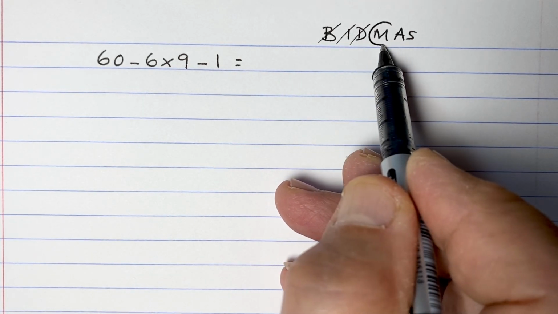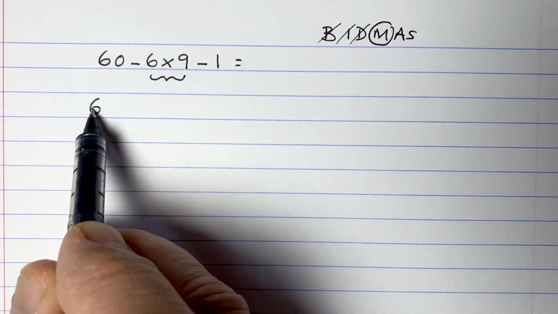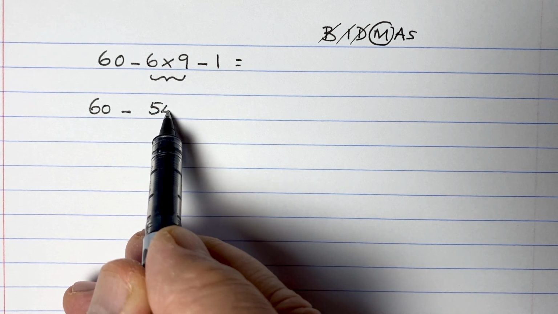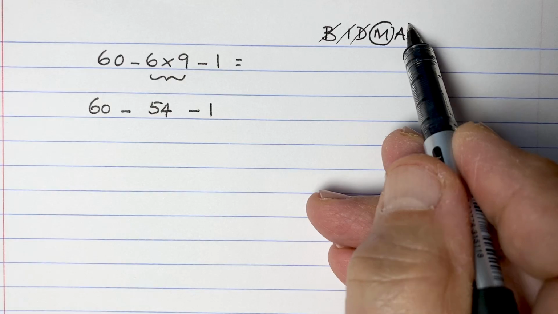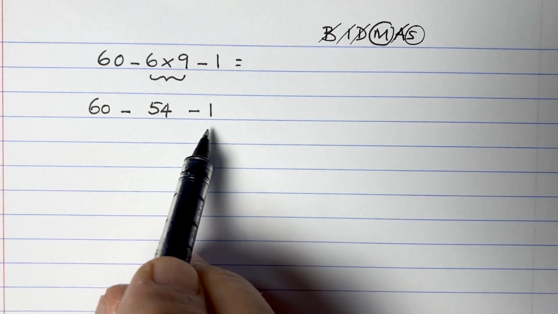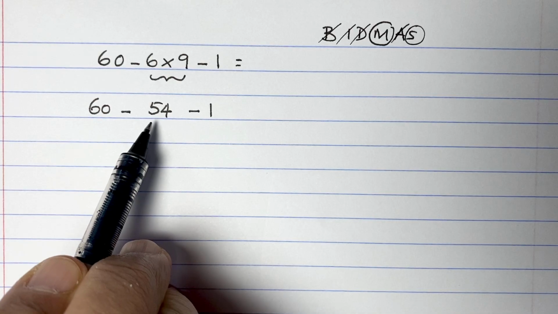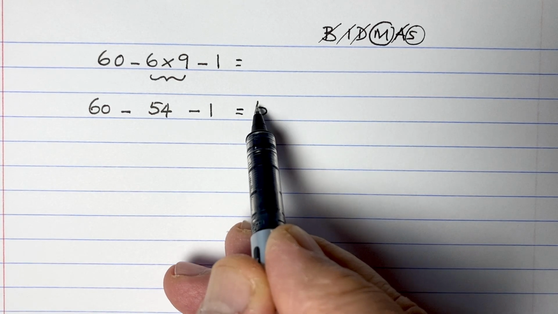So we need to do the multiplication first, which is this part here. So we have 60. Take away 6 times 9, which is 54. Take away 1. There is no addition, but we have two subtractions. Let's do it in order. 60 take away 54, 6, take away 1. The final answer is 5.